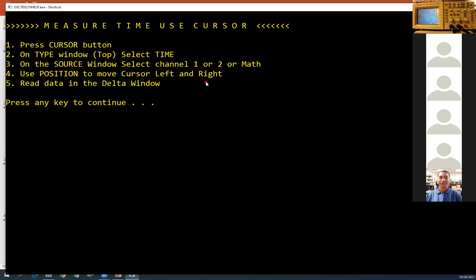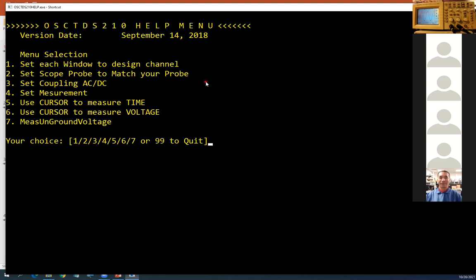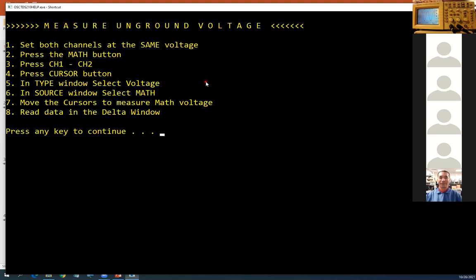Okay? The last one I want to tell you, number 7, is measure ungrounded voltage, like I already told you. You measure voltage across the resistor from A to B, then you need this function.